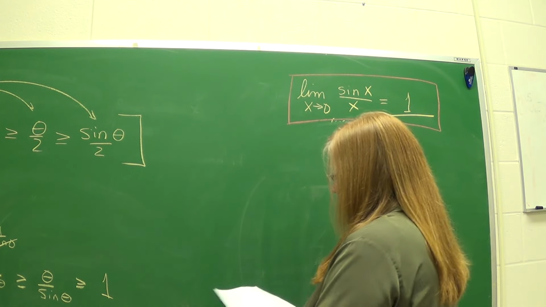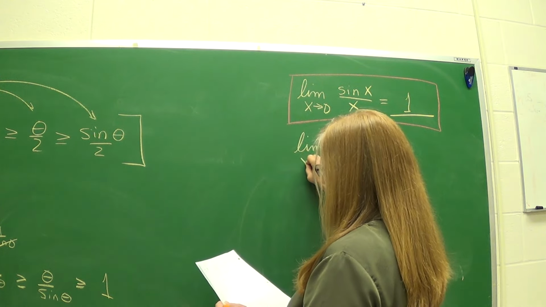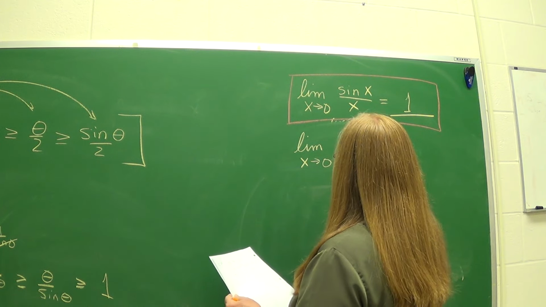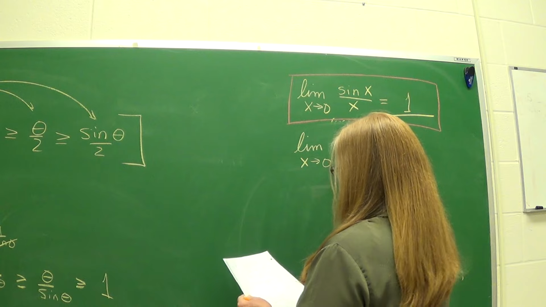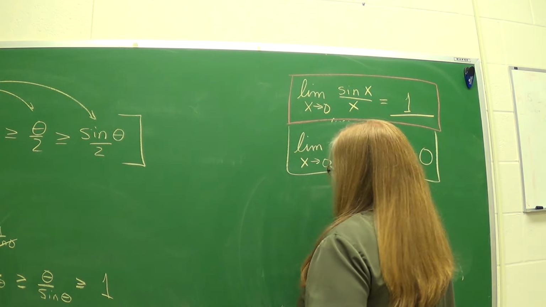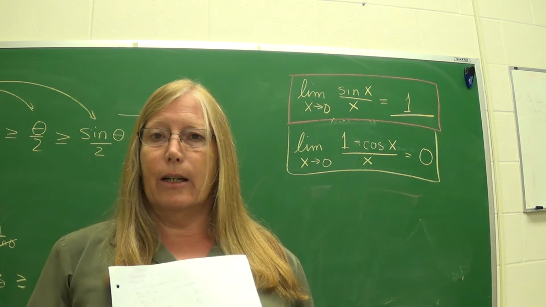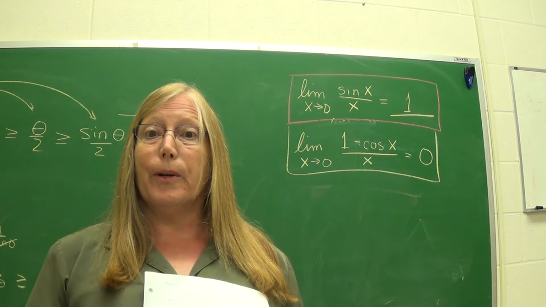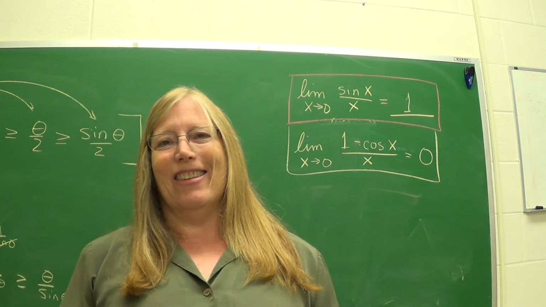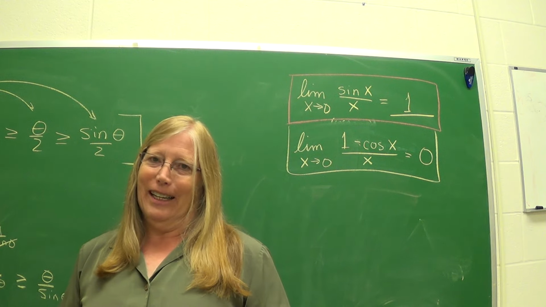Another special limit that we have to know by heart is the limit as x approaches 0 of 1 minus cosine x over x, and that equals 0. I will prove that to you next time, either by video or in class. It's a much simpler proof, and I just feel like we've done enough. So if I ask you to do all 3 parts, I apologize, but not really.